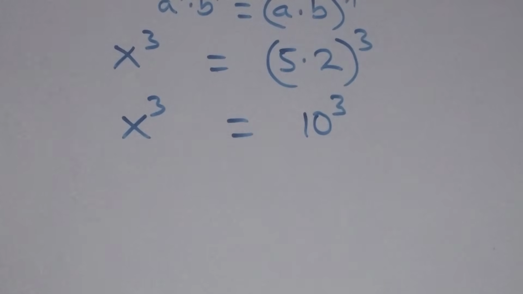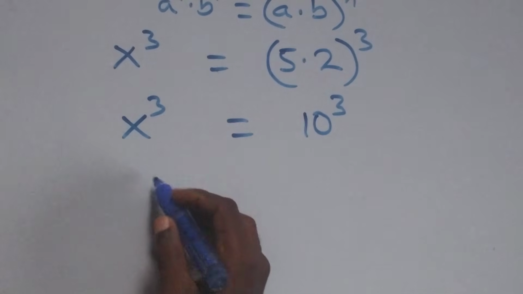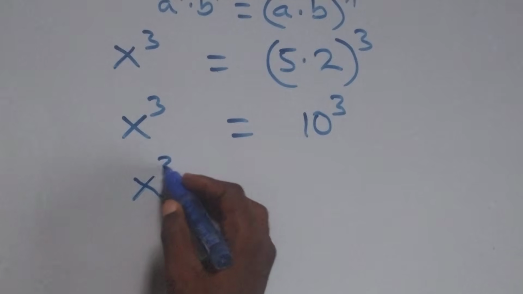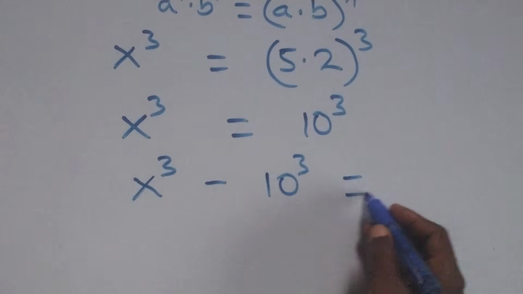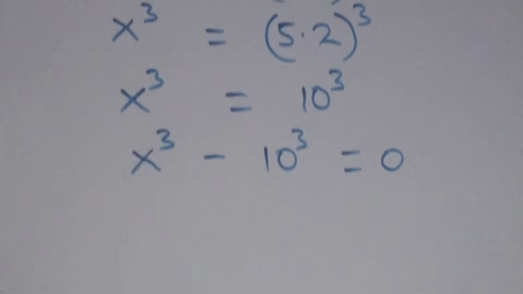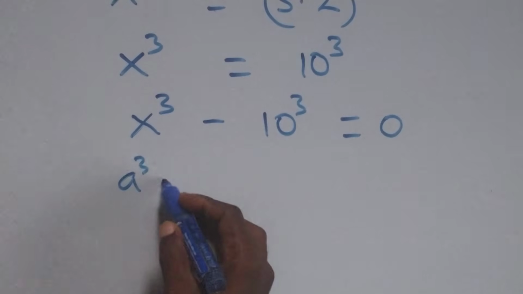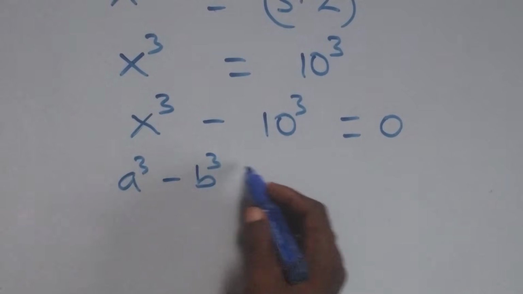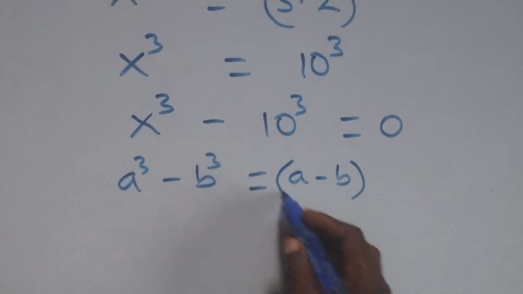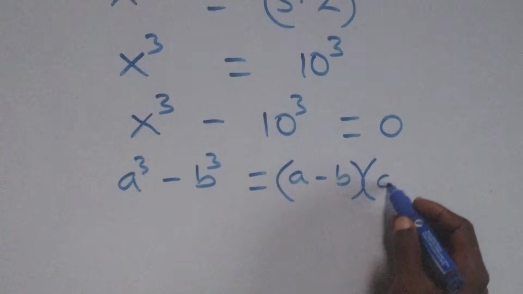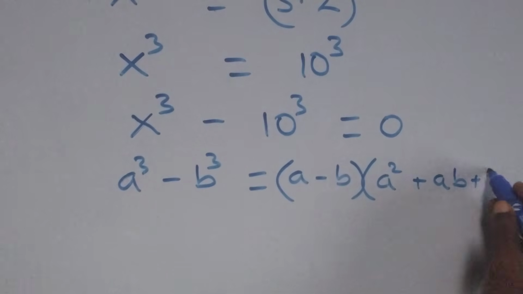Then bring everything to one side. Take 10 raised to power 3 to the left hand side. We have x raised to power 3 minus 10 raised to power 3 equals 0. And when we have a raised to power 3 minus b raised to power 3, this is the same thing as (a minus b) into brackets, a square plus ab plus b square.